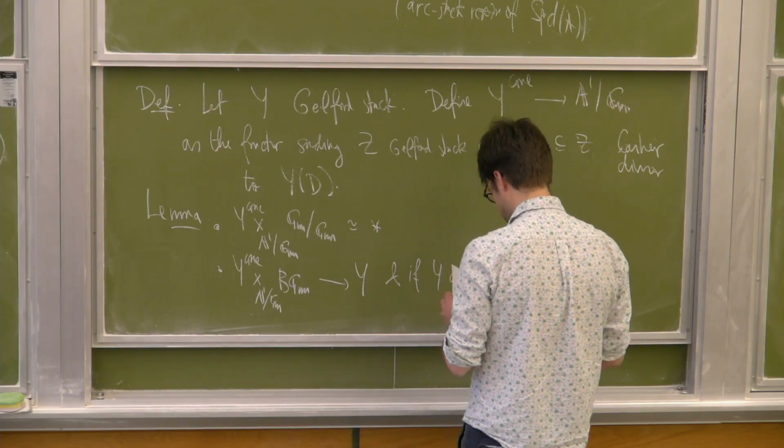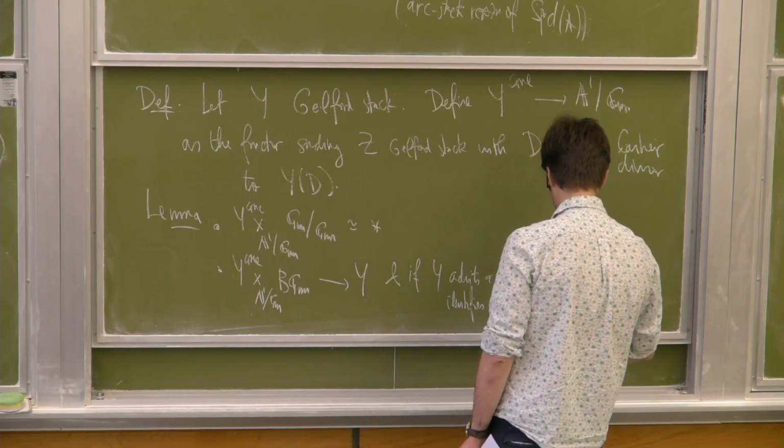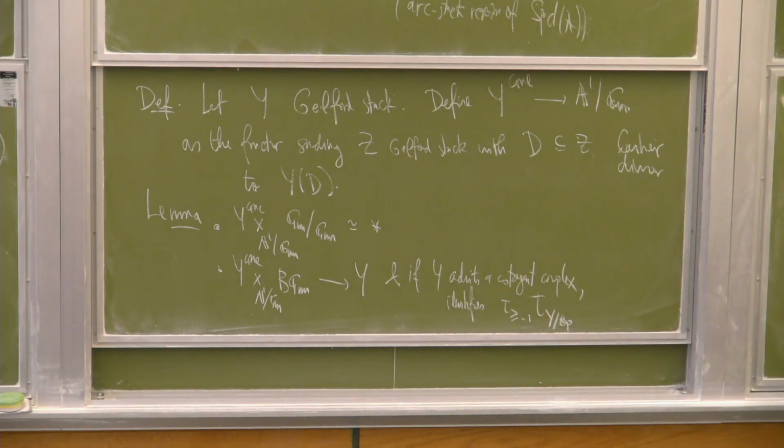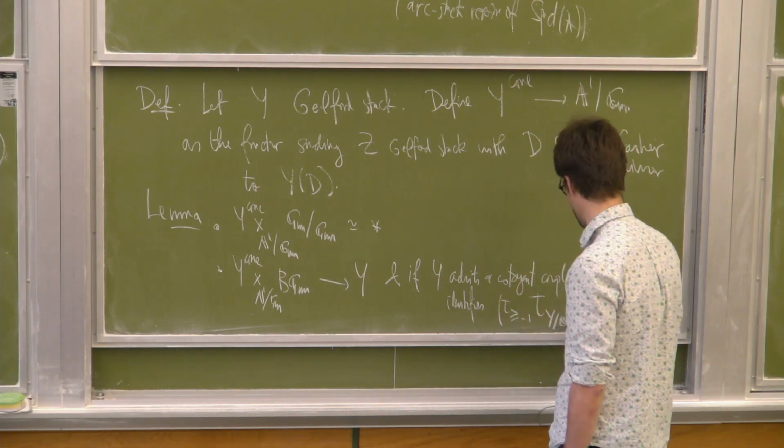So if I wrote it correctly, you take the tangent complex of Y, just defined as the linear dual of the cotangent complex, and you truncate here, and then you shift by 1.